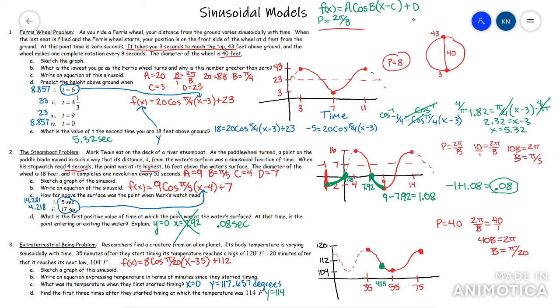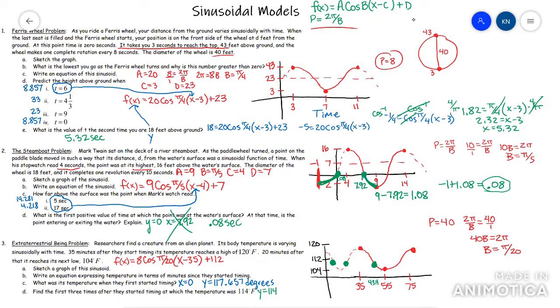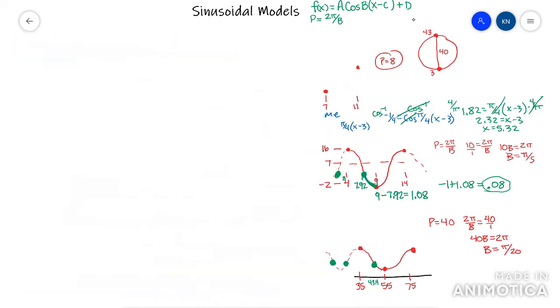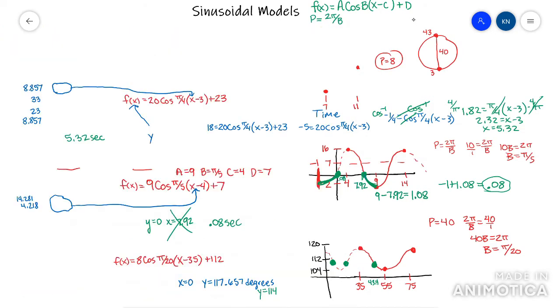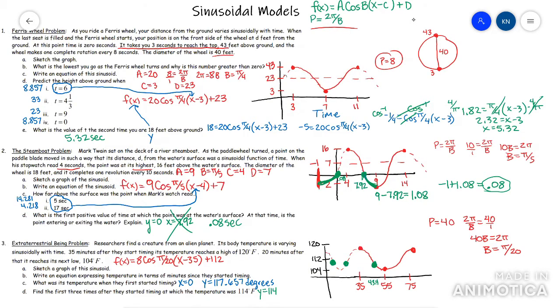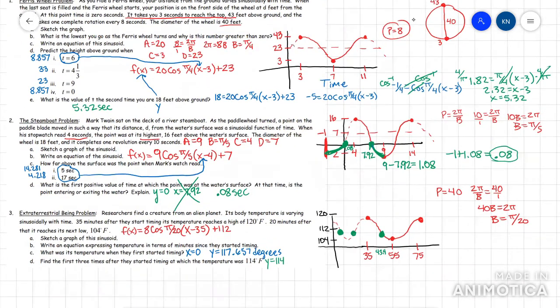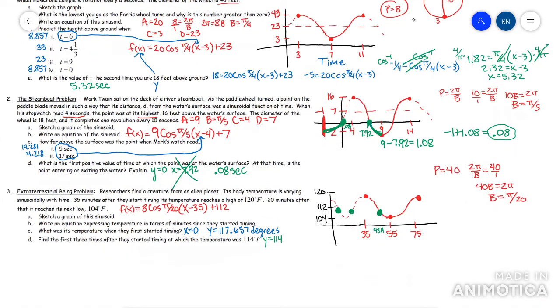We got 43.4, but there's also these other 2 locations because they want 3 times when the temperature was that. So we knew one of them, 43.4, and we need to find those other 2 green dots. I'm trying to move the screen to get some more room to work.